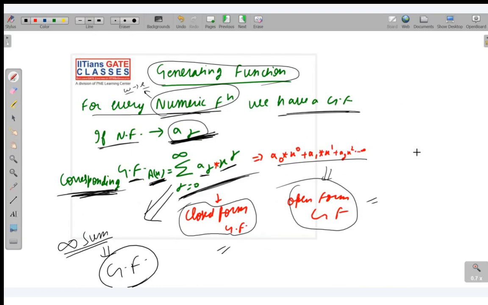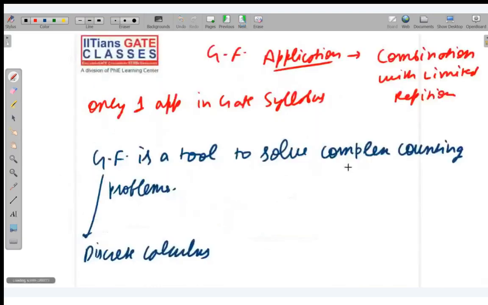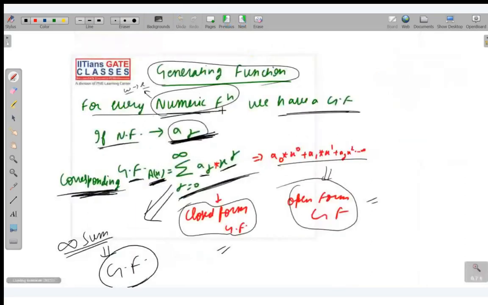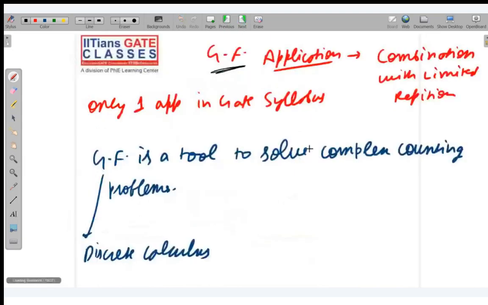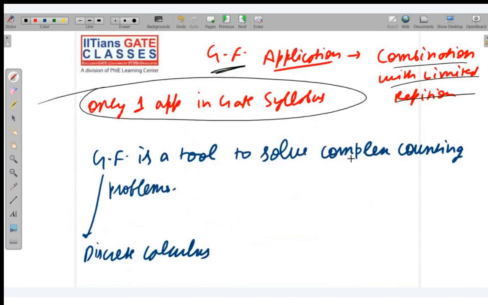Now what is the application of generating functions? I have told you that for every numeric function a_r we have a generating function like this. So why are we studying it? Application: combination with limited repetition, which we discussed in the previous class. Generating function is a tool to solve very complex counting problems.